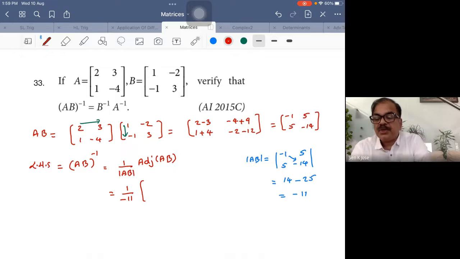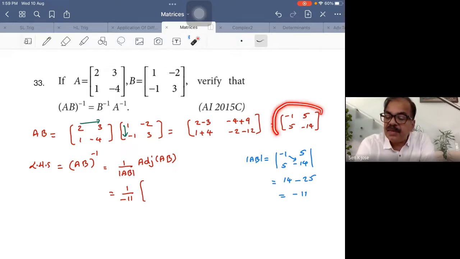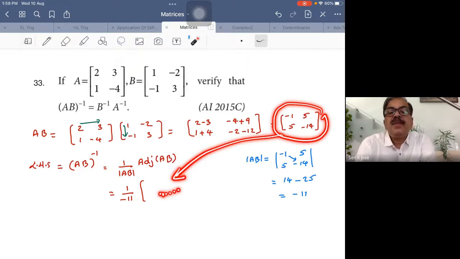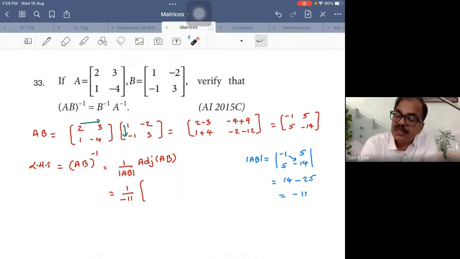Now what is adjoint of AB? I know AB. I need to find out the adjoint of AB and write it here. But to find the adjoint of AB, for a 2 by 2, we have a shortcut. Interchange the diagonal elements. Okay, let's interchange the diagonal elements, minus 14 and minus 1.